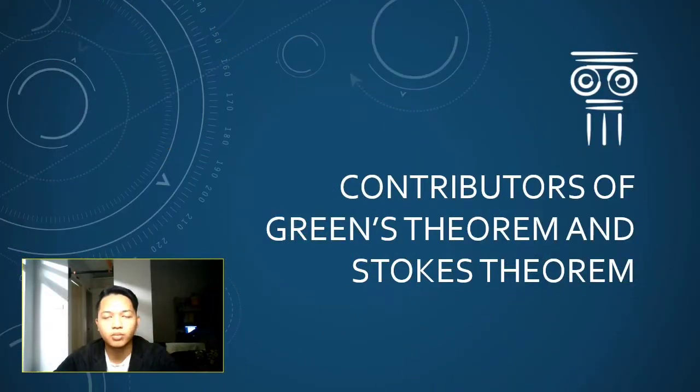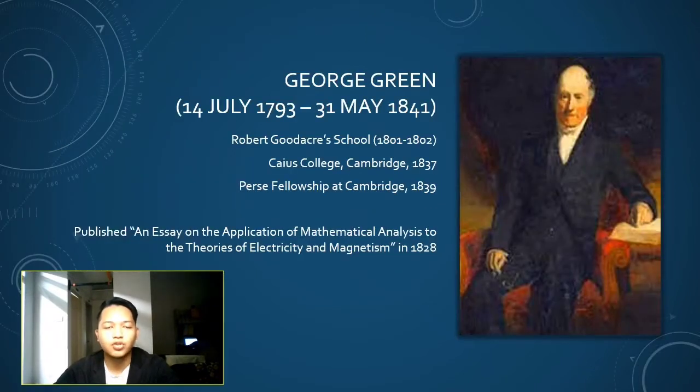Now we will talk about mathematicians that have contributed to Green's theorem and Stokes' theorem. The first contributor is George Green. He was baptized on 14 July 1793 and he passed away on 31 May 1841.